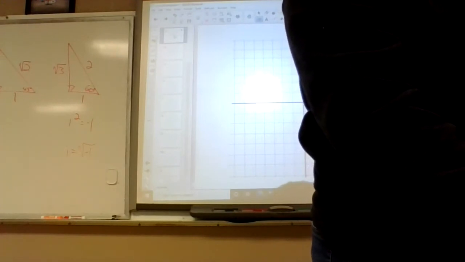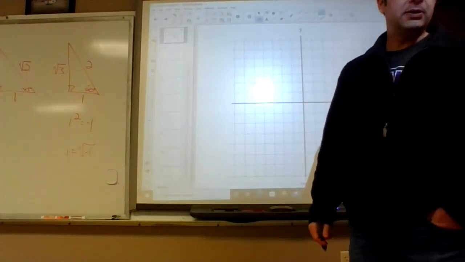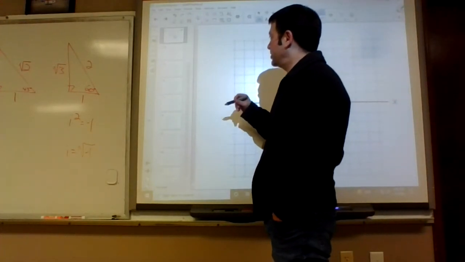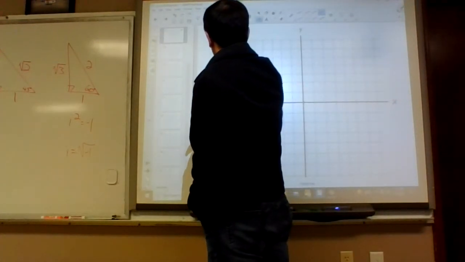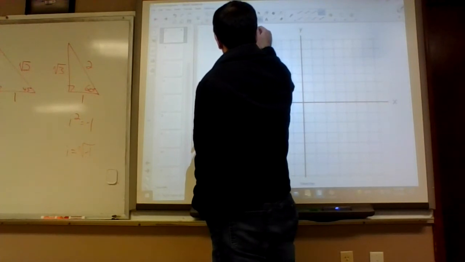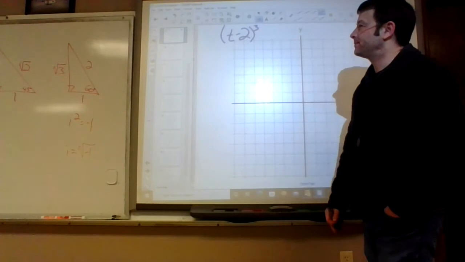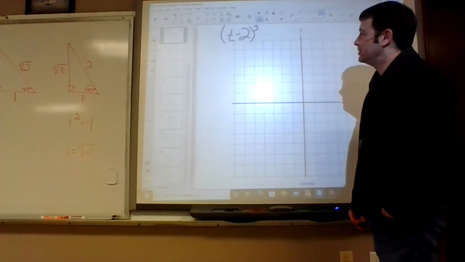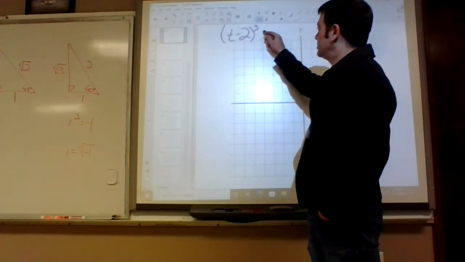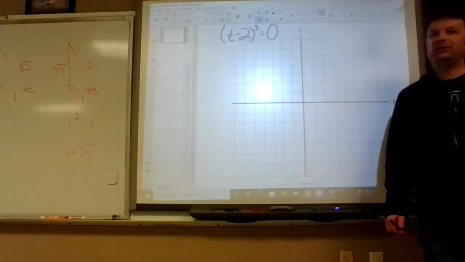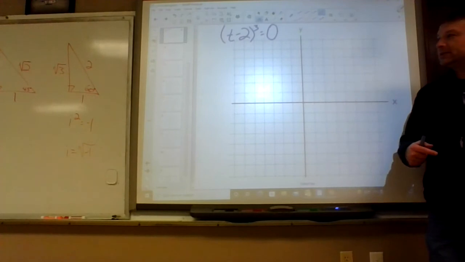Number 15, x minus 2 cubed. Alright, it's been a long time since we did this one. Well, normally what does a cubic function look like? Normally it looks like an N. However, 2 is what we call a triple root. Now we did some double roots yesterday, but not triple roots.